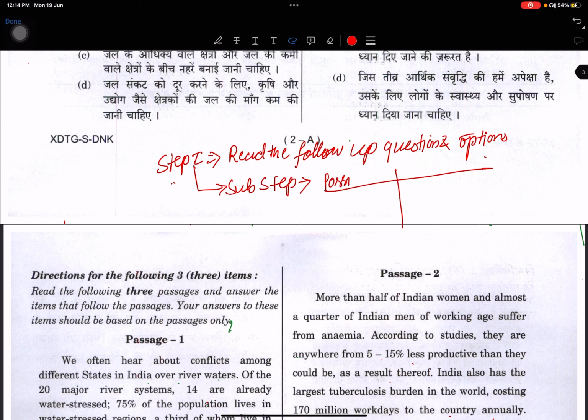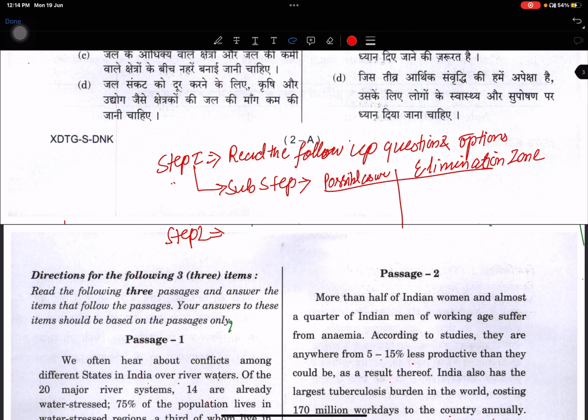One is the possible answer zone and the other is the elimination zone. And how we are going to classify the options, we will see while solving the passage.